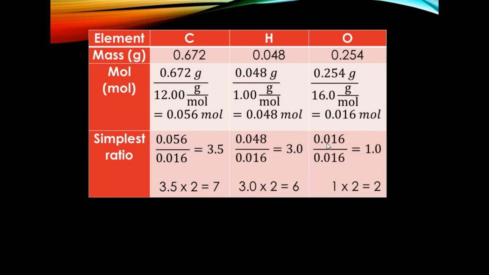Oxygen 0.016 divided by 0.016, we get 1. From the simplest ratio, we can see carbon is 3.5. So we do not simply round off 3.5 to 4.0, because we need to multiply by 2 or some number to get whole numbers.